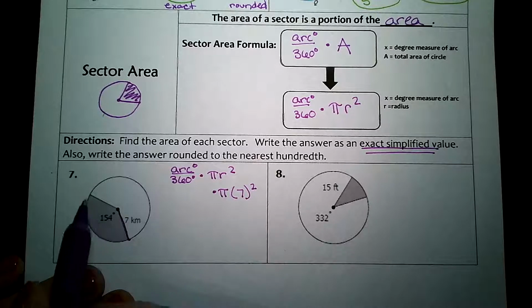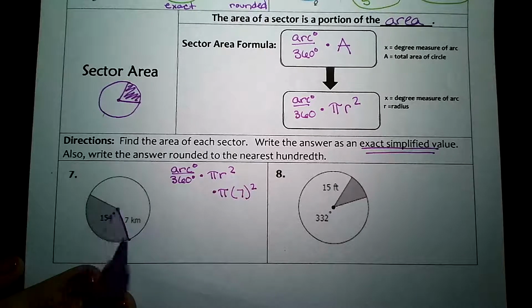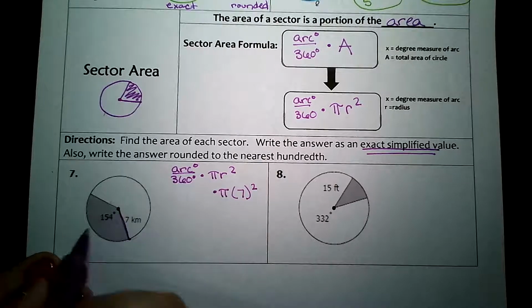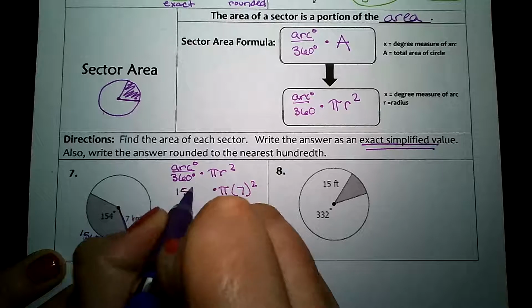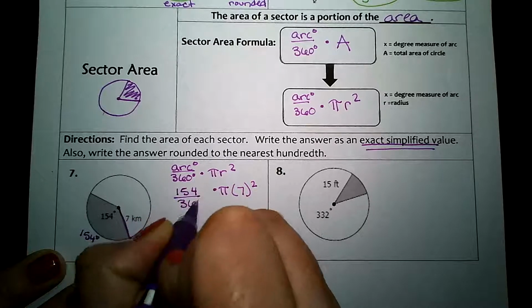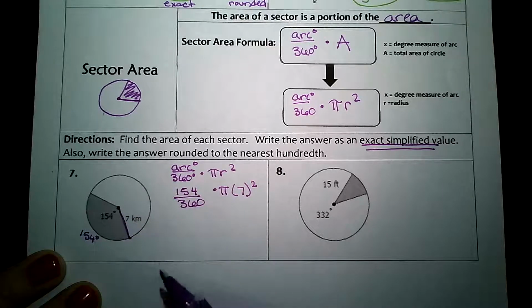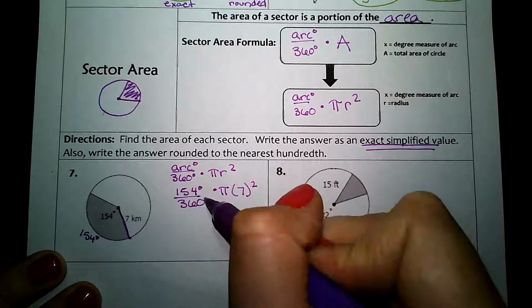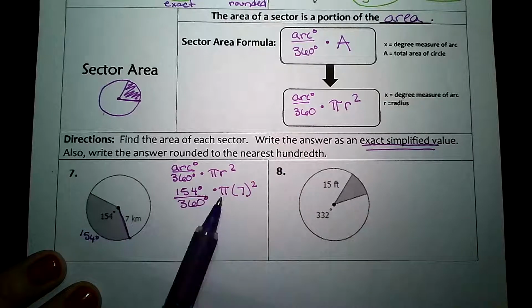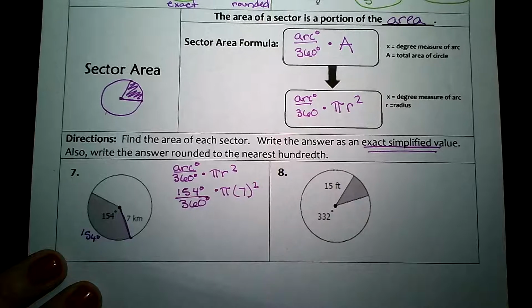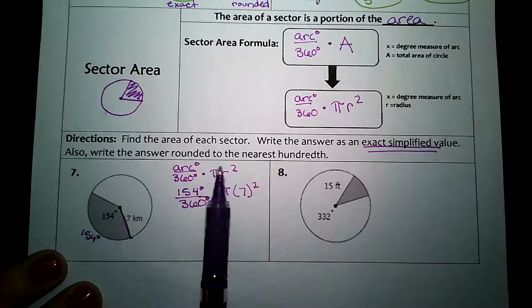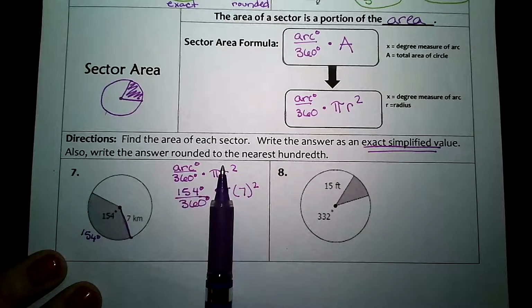And nicely enough, they've given me the angle, the central angle is 154, which means the arc degree is also 154. So I have arc degree of 154 out of 360 degrees times pi times the radius of 7 squared. For my exact answer, I'm going to use my calculator and I'm going to type everything in just as I've written, except I'm going to exclude pi.